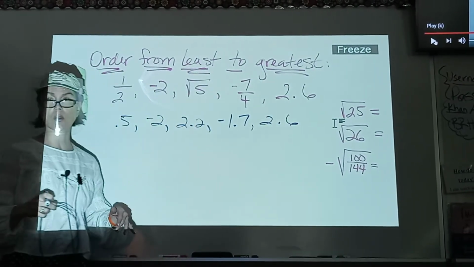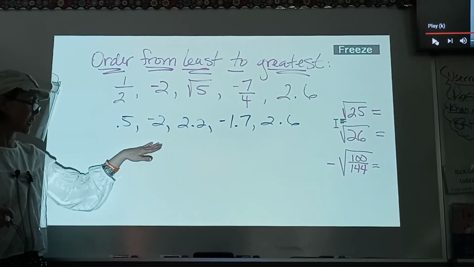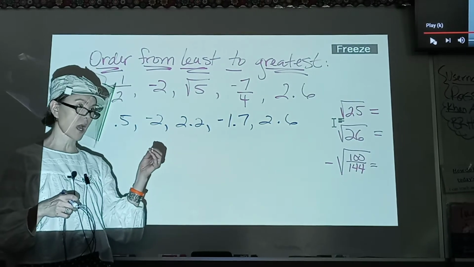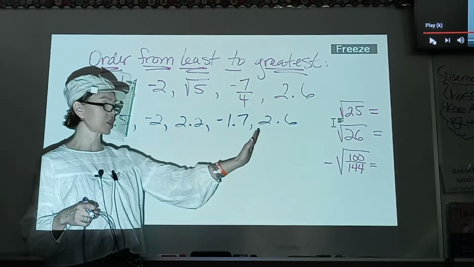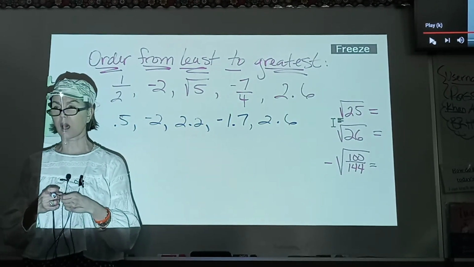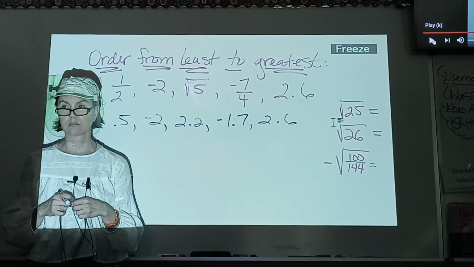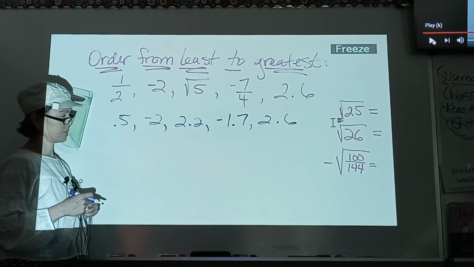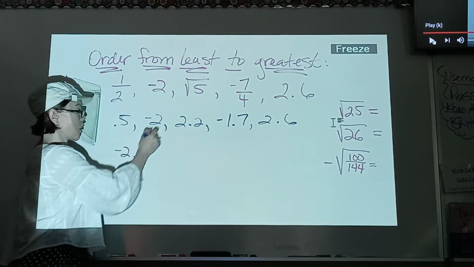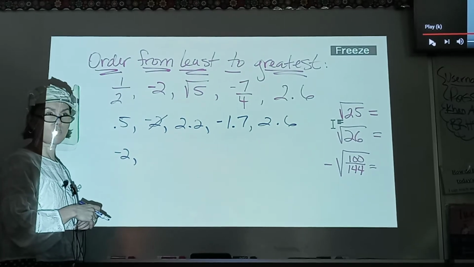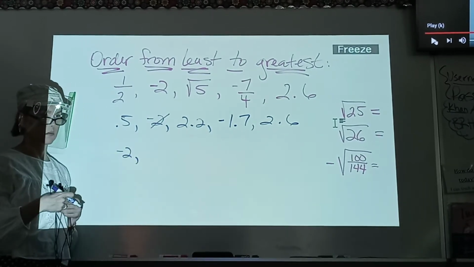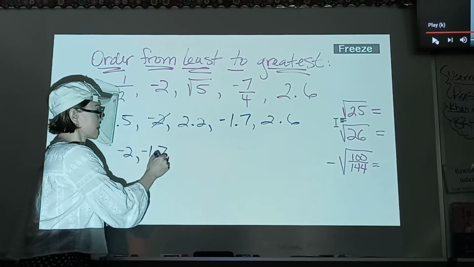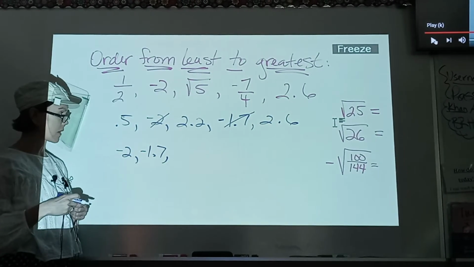Okay, so now that you see it this way, you guys, isn't putting this in order from least to greatest that much more achievable, right? So looking at these, which is the least of that list? Tom? Correct, -2, and cross it out as you go. Okay, what is the next largest? -1.7, cross it out as we go, okay?